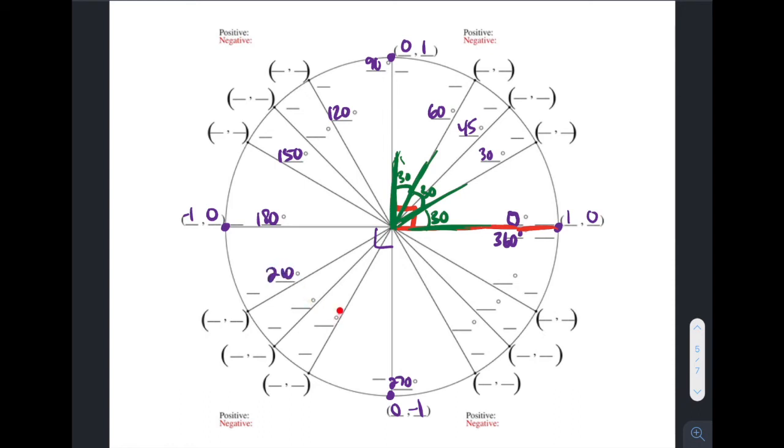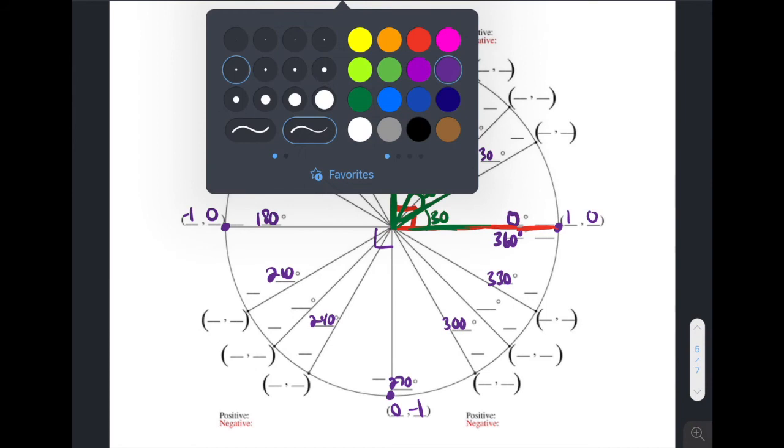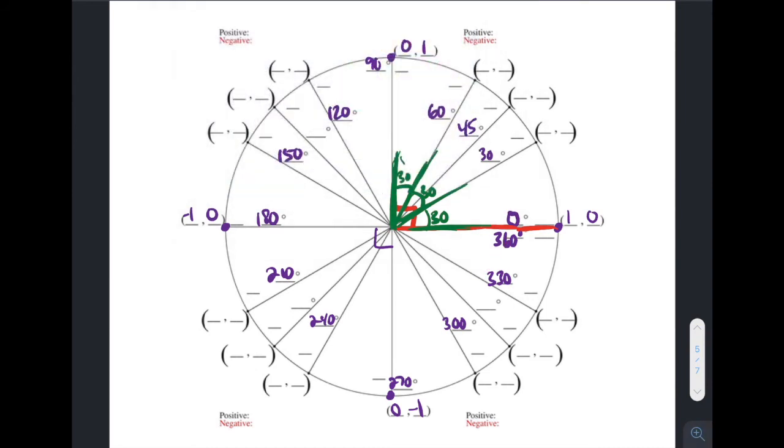Another 30, that's going to go to right here, which is 240. Another 30 would get us to 270. Another 30 would get us to 300. Another 30, going from here to here, would be 330. And then if we go an additional 30, we'd be back to 360. So we can go around the unit circle in degrees by 30 degrees, which is nice.